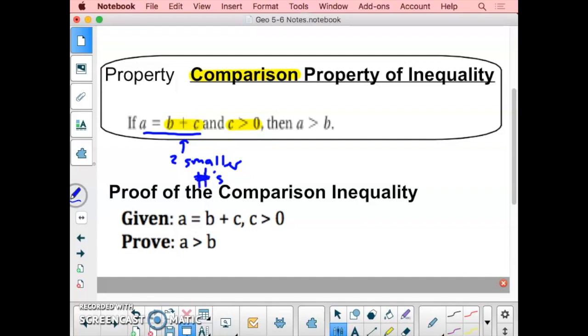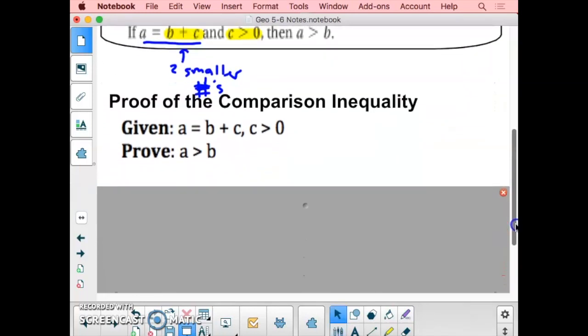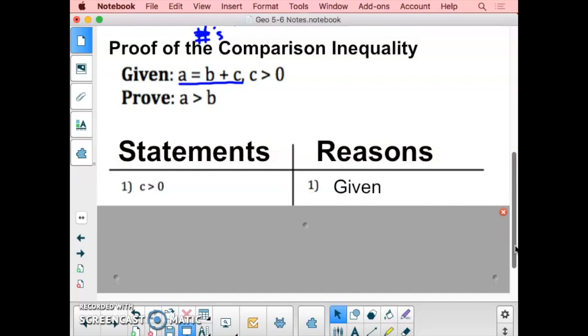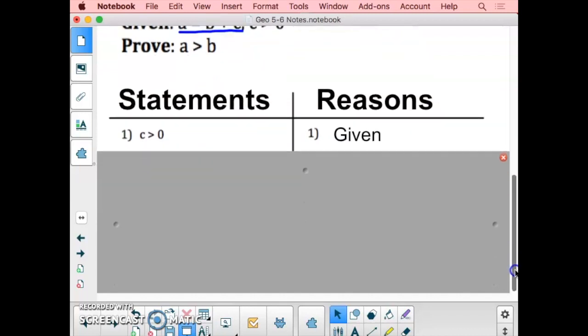Okay? Let me prove what I'm talking about here. All right, so if I'm given that this is a true statement, A is equal to two other numbers added up, and I know that C is positive, that means that A has to be bigger than B. All right, so here's our given. We know that C is positive.